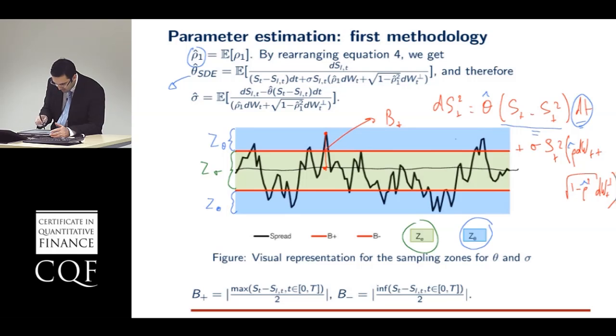And similarly, if this is your min, halfway between your min and your max, you have B minus. Okay?